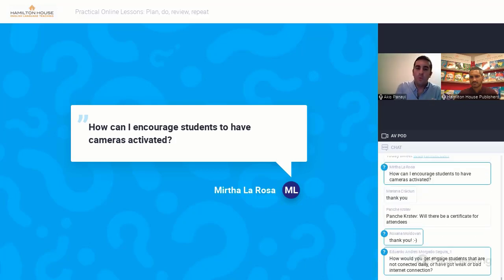And one way for students to be active in the lesson is to have their cameras on, and you can tell them, I strongly encourage you to have your cameras activated because this will help you be active in the lesson.